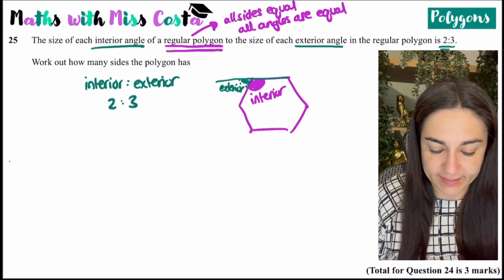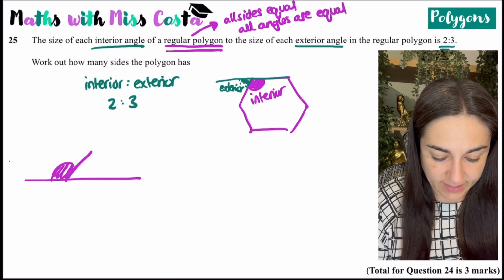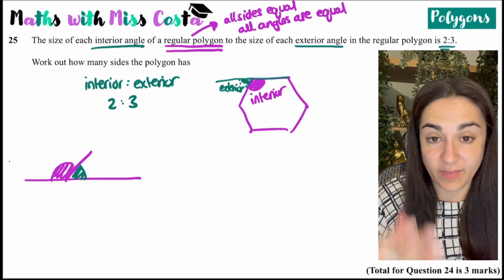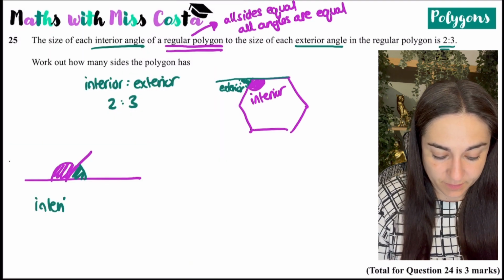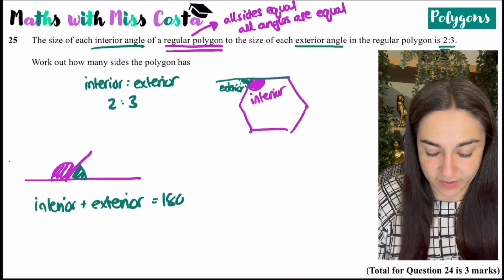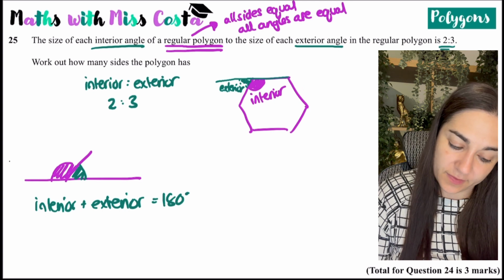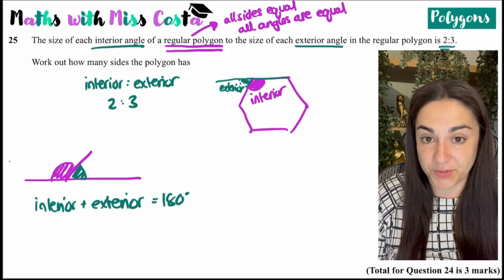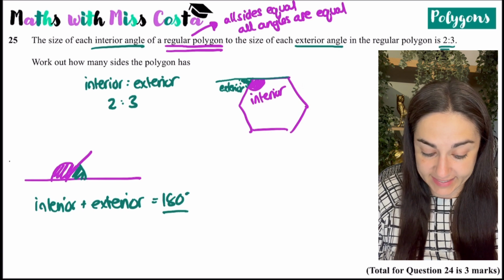So essentially, the piece of information you need to know is that the interior and the exterior angle meet on a straight line, so therefore interior plus exterior angle of a polygon must sum to 180 degrees because they're on a straight line. So I know that the interior to the exterior is in the ratio 2 to 3. I know that the interior to the exterior angle, they must add to 180.